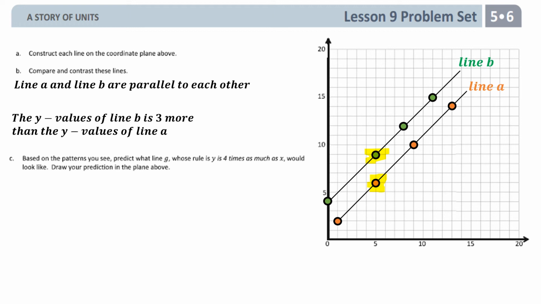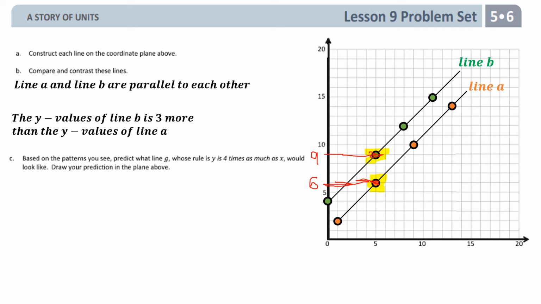Now, thinking about these values, let me get my pen. When I think about the y value of this point here, I'm trying to draw a straight line, I'm sorry. The y value right there is a 6 for that point on line A. Now let's think about the y value of the highlighted point on line B. If I draw it all the way to the y-axis, that y value is 9.